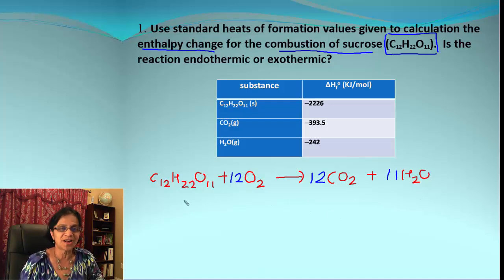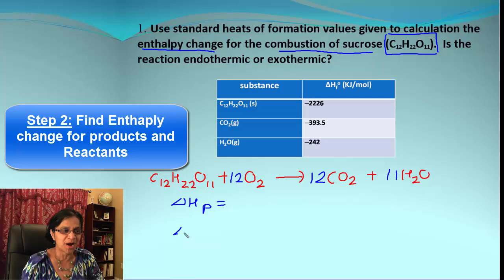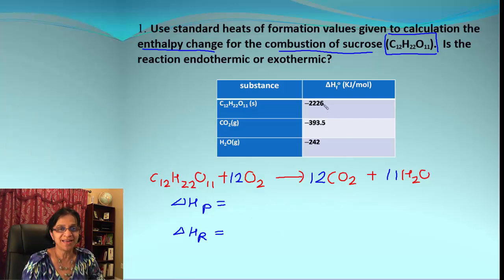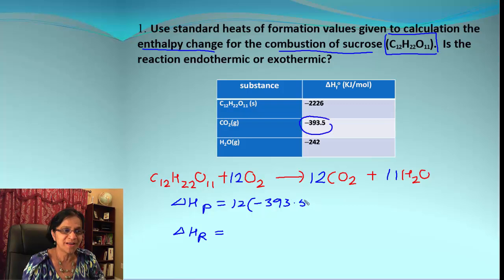Now, in order for us to find out enthalpy for the reaction, we need to find out enthalpy for products and enthalpy for reactants. And we do that by multiplying the number of moles by the heat of formation per mole. So products are 12 moles of carbon dioxide. So it will be 12 times the heat of formation for carbon dioxide, which is negative 393.5.